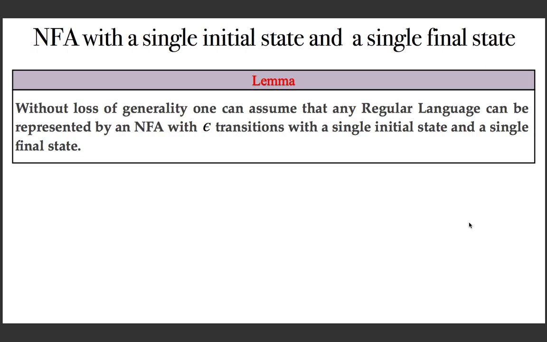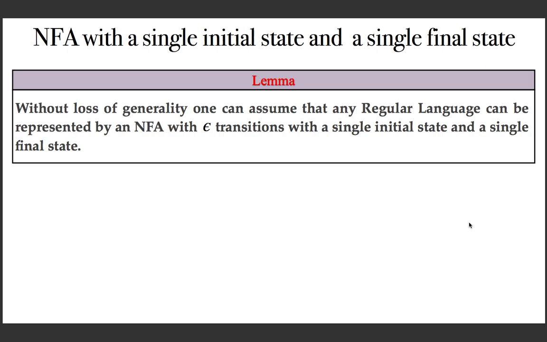Why do we say without loss of generality? Because if the given NFA has more than one initial state, we know what to do to obtain an NFA with a single initial state without changing the language. Similarly, we know what to do if there are more than one final states.